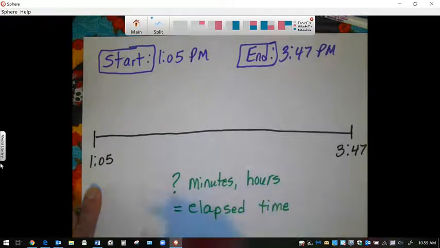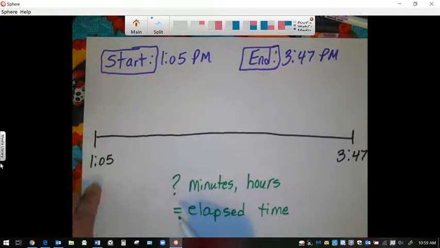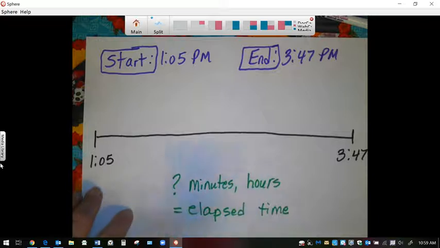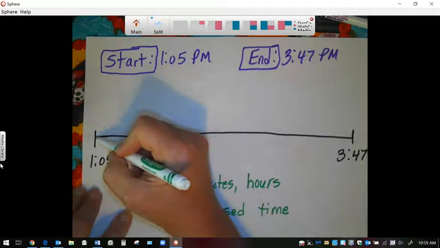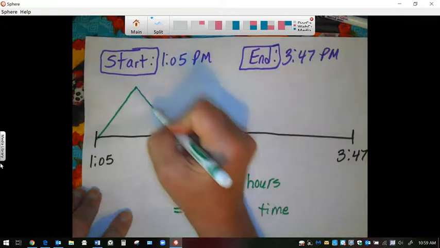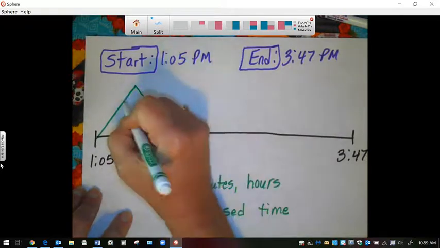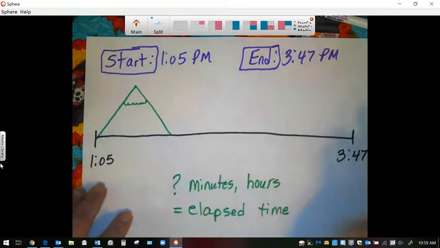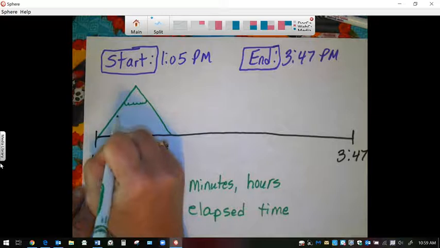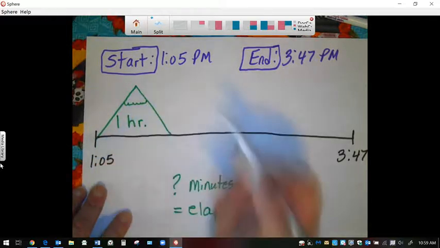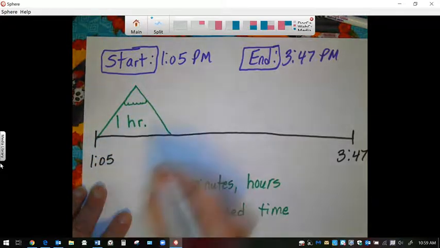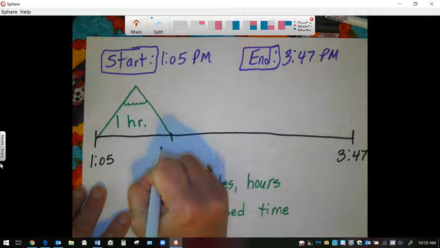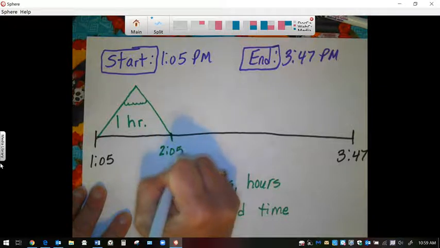All right, so the mountains. The mountain is the largest of the mountains, the hills, and the rocks. So we're going to draw one mountain, and on that mountain I'm going to draw a little snow, and that mountain is going to represent 1 hour. So when I go from 1:05, now I'm at 2:05. Okay?